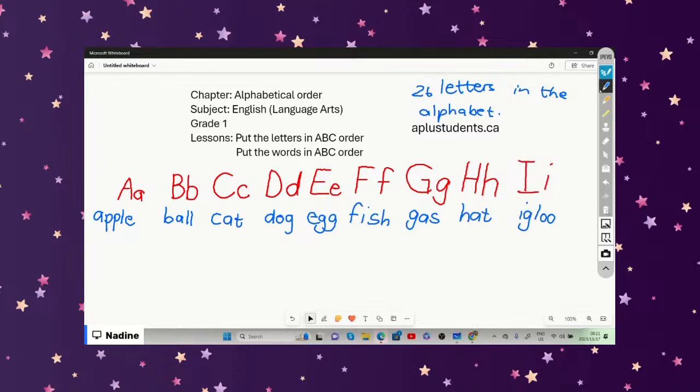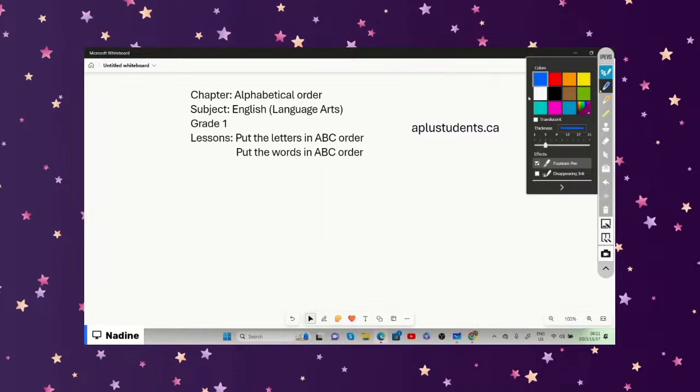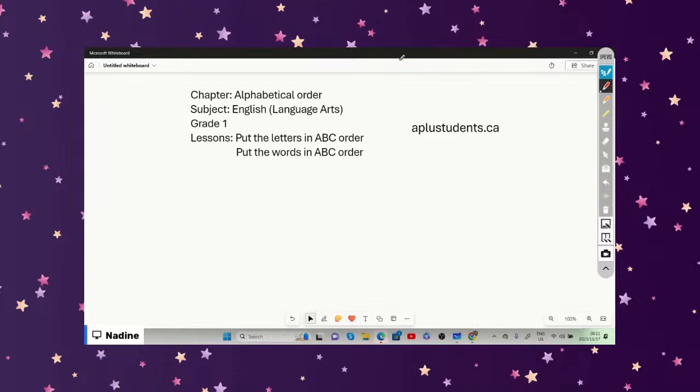All right, let's go on to the next one. Let's start with J. Now we're going on to J. And remember the way I'm also writing the letters is both capital letter as well as small letter.